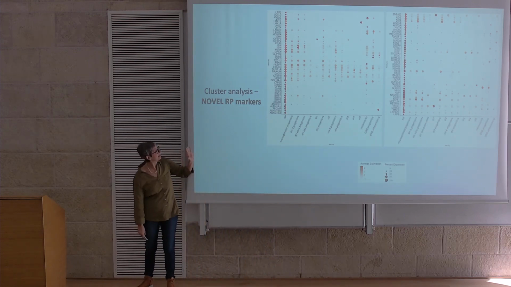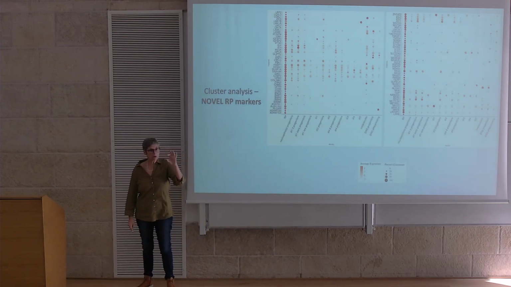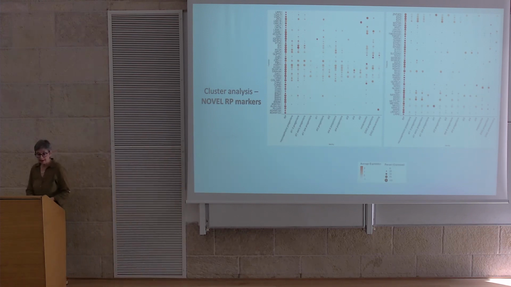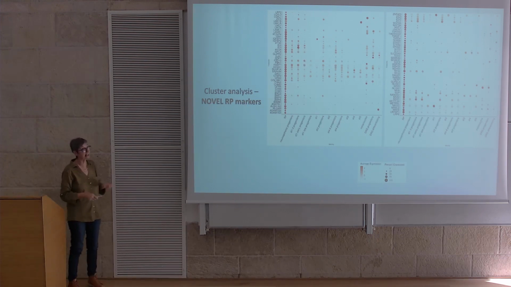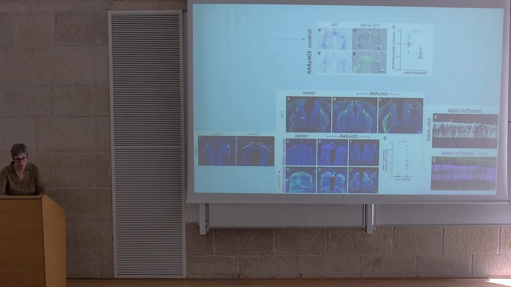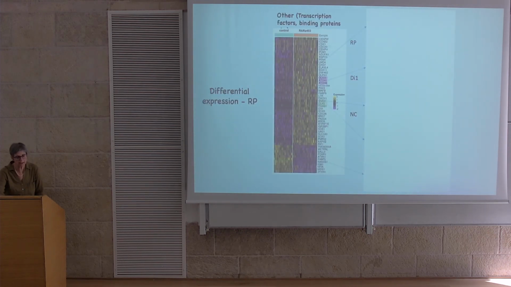The dot is smaller or bigger depending on the percentage of cells in the roof plate expressing this particular gene. So without entering into any detail, the message is that we got a lot of novel markers that Nitsa in the lab is beginning to test by CRISPR-Cas loss of function in terms of their function in roof plate development. But I'll skip this, and let's go to our point.